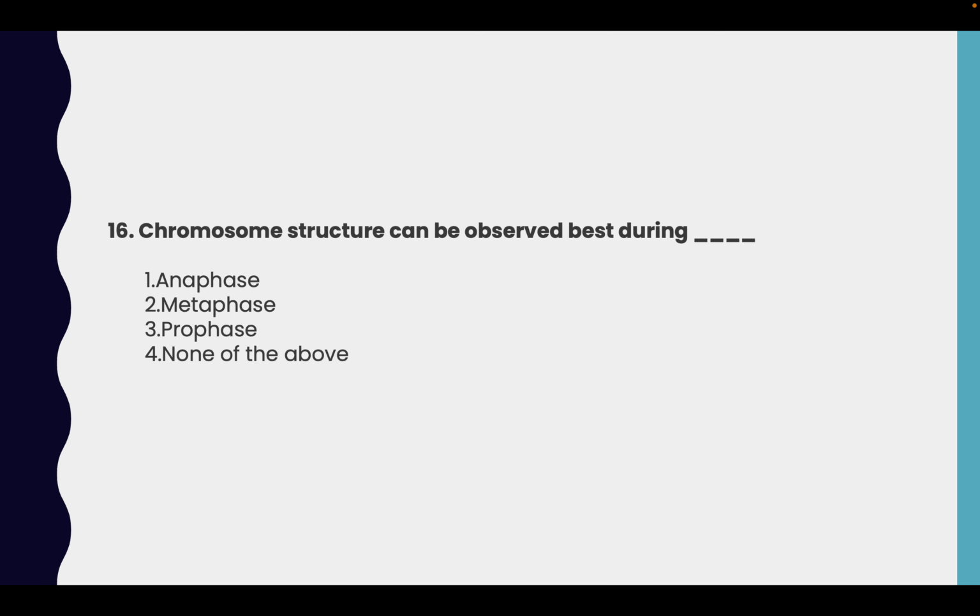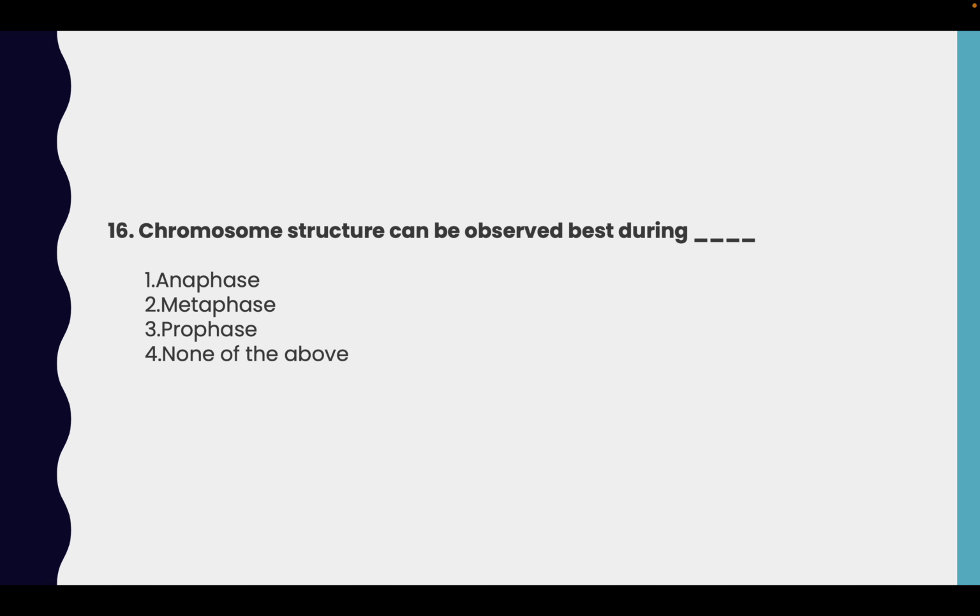Coming to next, chromosome structure can be observed best during, structure means shape, shape. Anaphase. Sure?